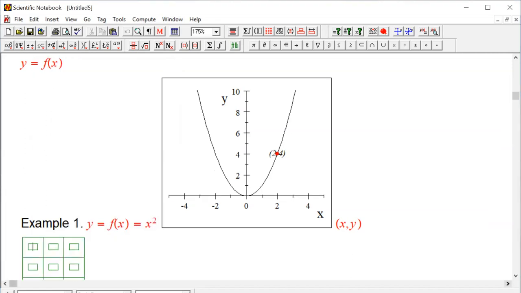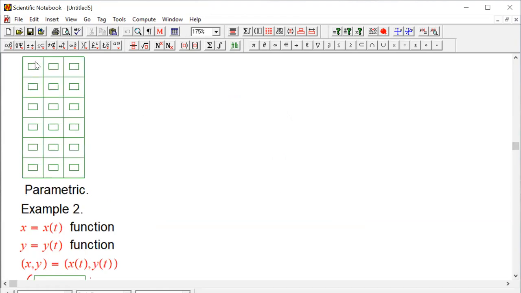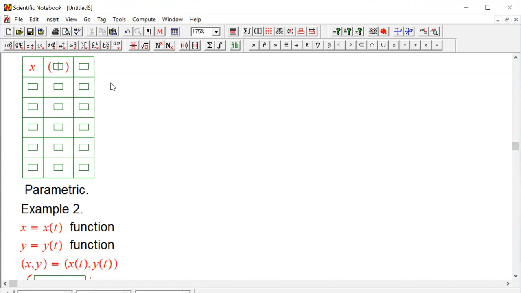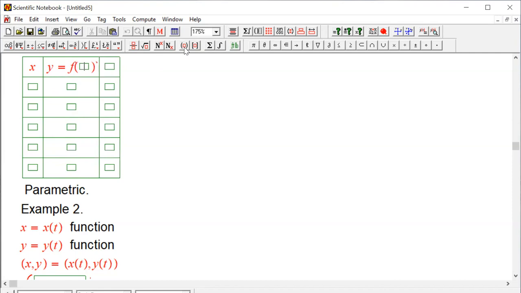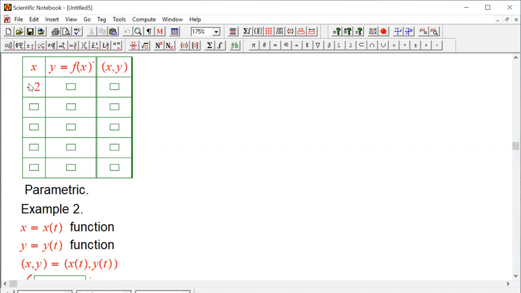On this table, it's just going to be x value, y value, f of x, y equals to f of x, and you put the input output together. And you can choose a bunch of numbers, -2, -1, 0, like we did before.